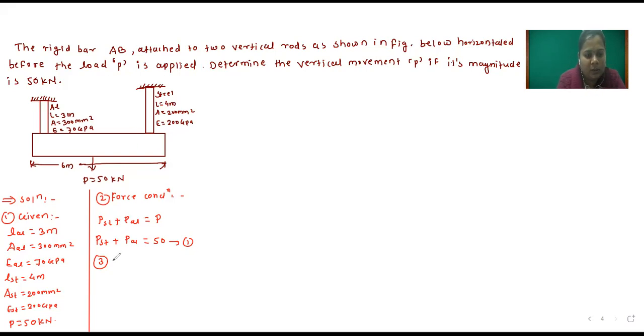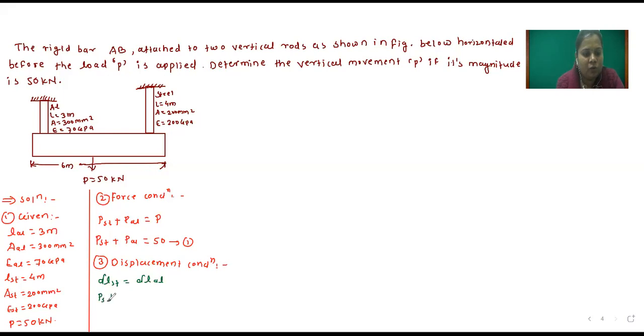Then the next step is the displacement condition. In displacement condition, change in length in steel rod is equal to change in length in aluminum rod. Accordingly we will write formulas here.